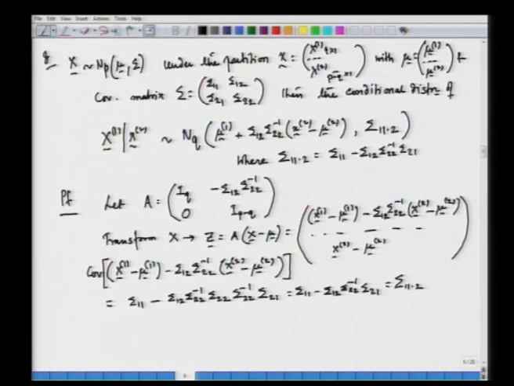Now, we look into the covariance between these two vectors. That is the covariance of x1 minus mu1 minus Sigma_12 Sigma_22 inverse x2 minus mu2, with x2 minus mu2.